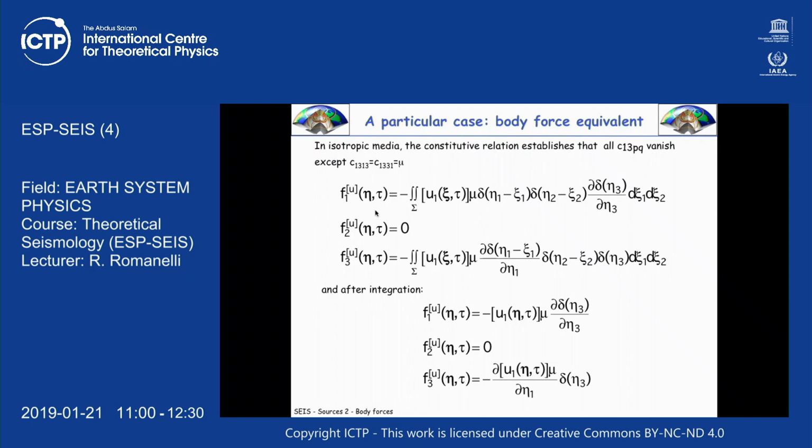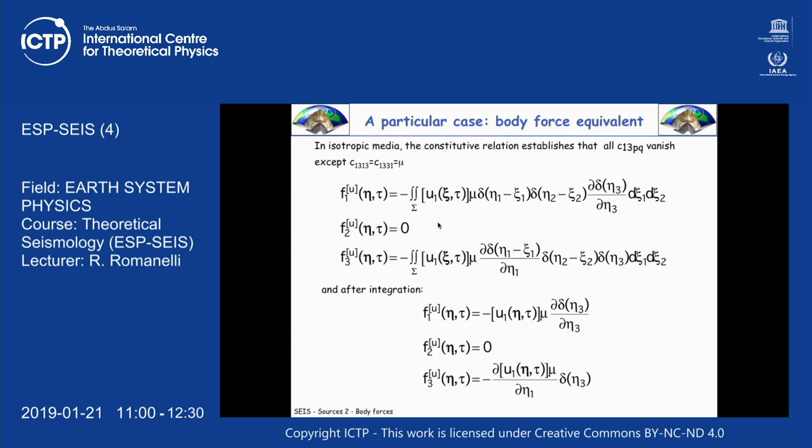Good. So what is left there, since now we have pq just 1, 3 and 3, 1, is this. The equivalent body force of this earthquake is given by these two components. One is acting along X, one is acting along Z. It's not the earthquake, it's the equivalent body force.